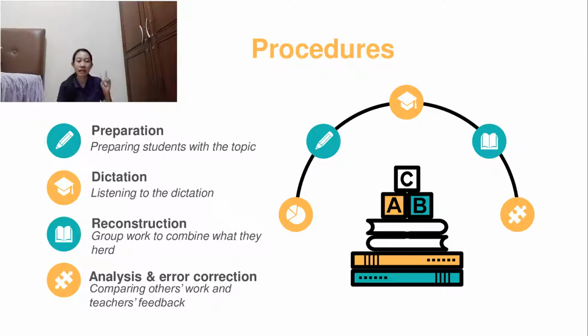So the second step is dictation. The text is read by the teacher twice. In the first listening session, teachers read the text at natural speed, with short pauses between each sentence, and students are not allowed to take notes in the first session of listening.